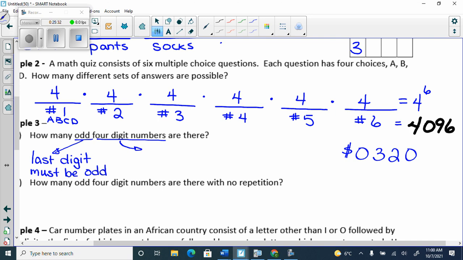What is that? That's actually a 3-digit number with a 0 in front, correct? So when it says 4-digit numbers, not only does it have to have 4 blanks, what else does that mean? The first digit can't be 0. It must be a natural number.